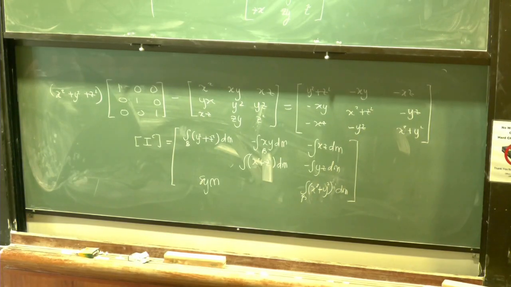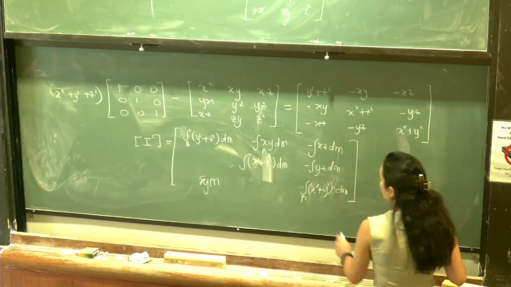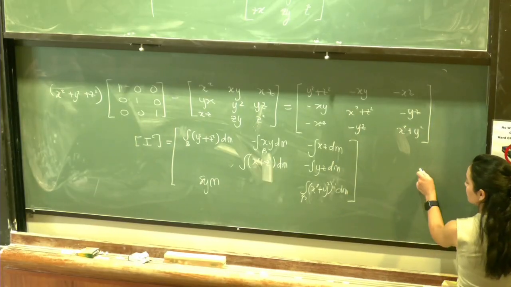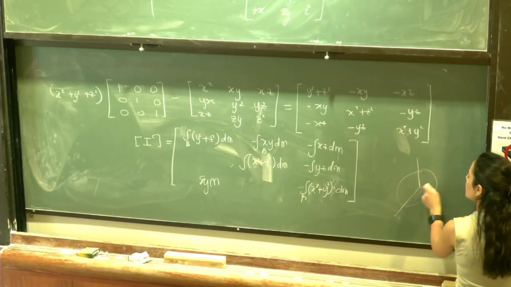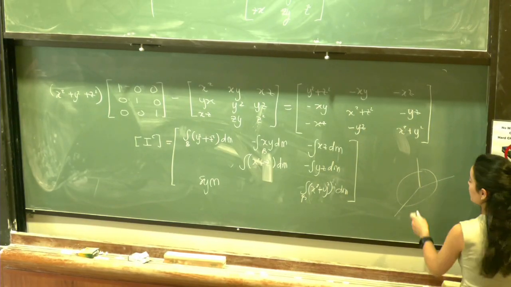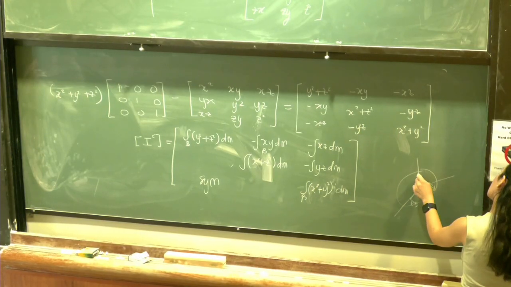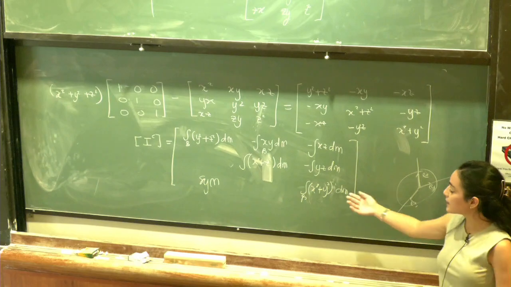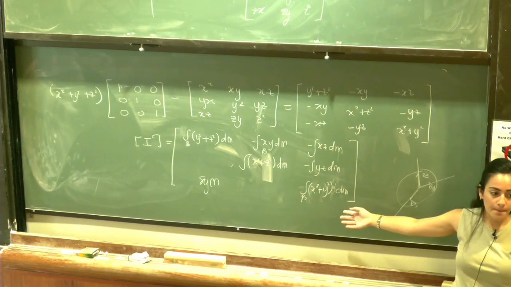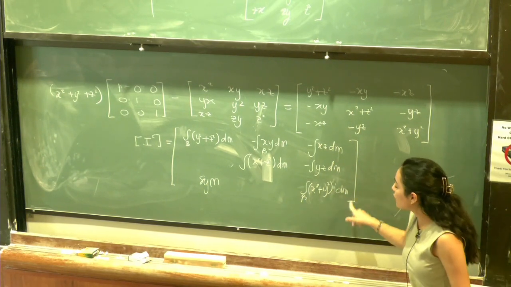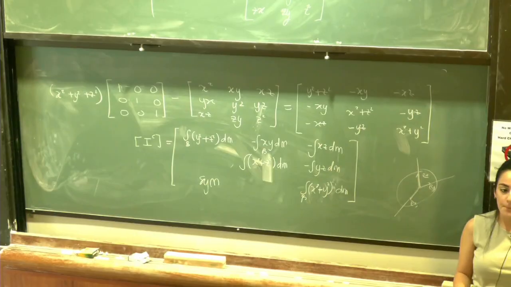So for example, if I have a rigid body with three unit directions, Ex, Ey, Ez, what is this component looking at? This component, the integral of x squared plus y squared dm, specifically.